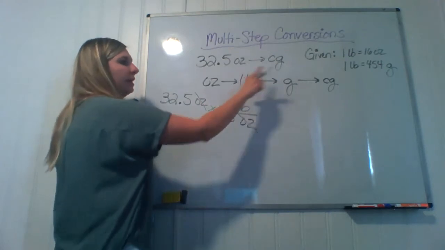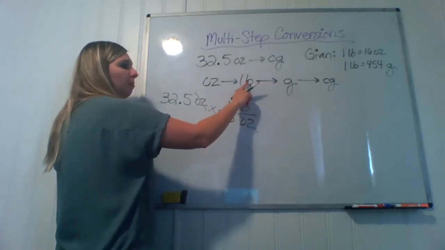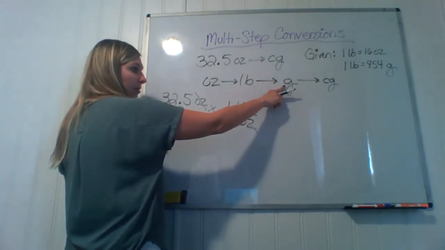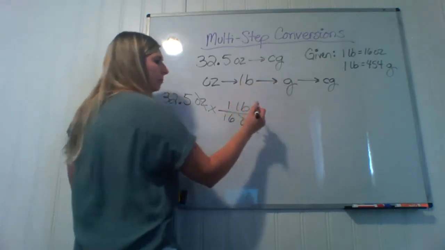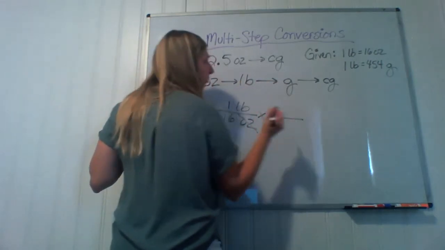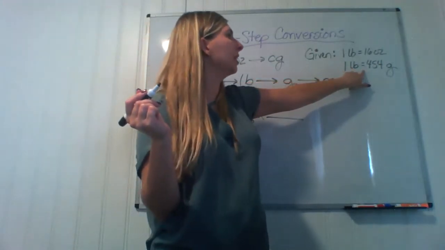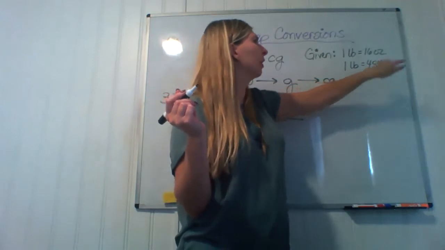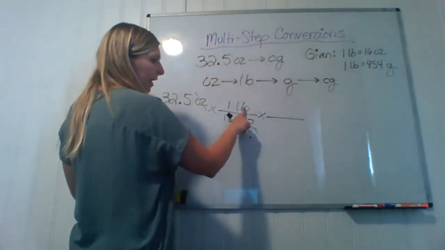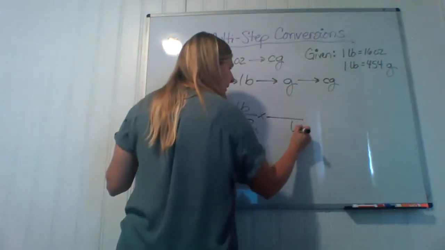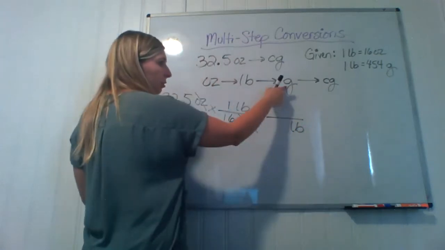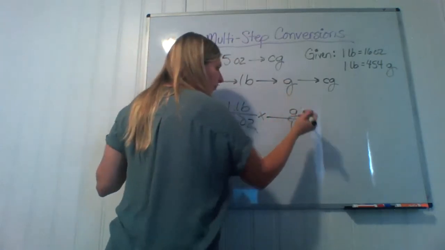And now our next step is from pounds to grams. Which relationship is that? 1 pound is equal to 454 grams. We want to cancel units diagonally to be able to achieve grams.